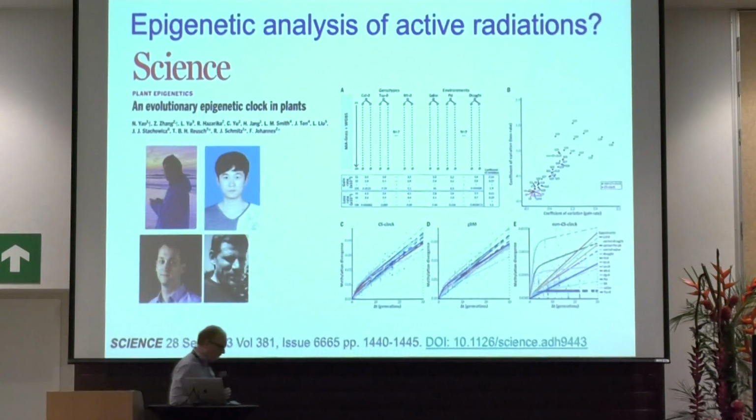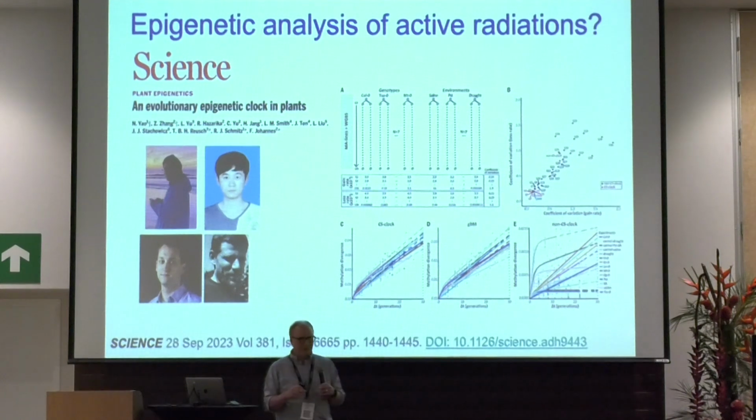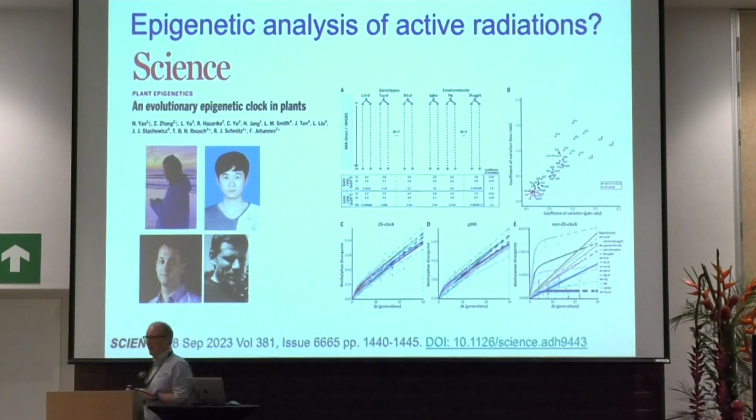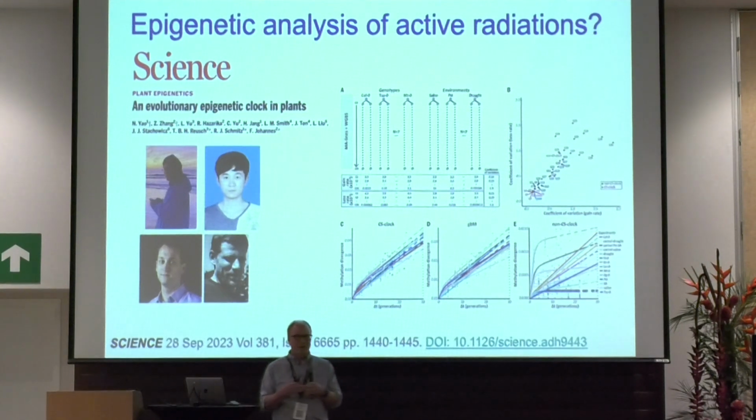All right, I'm going to end by talking about some very speculative, risky behavior, but I think really kind of exciting, and maybe a technology that could allow us to better understand what's going on within populations, within species.